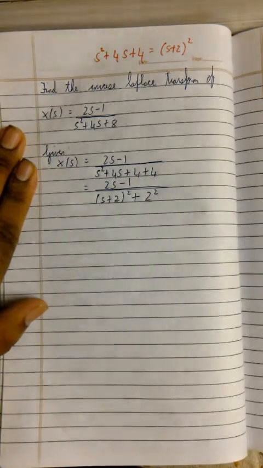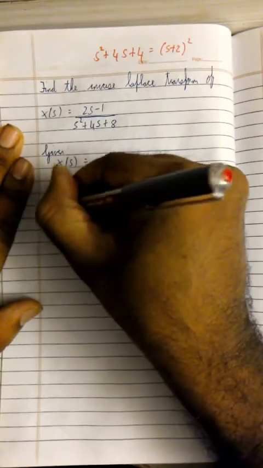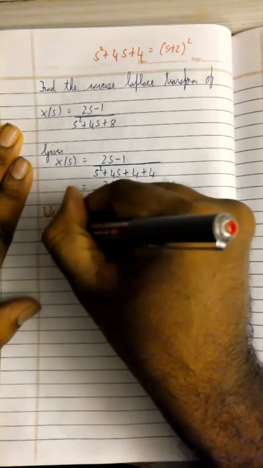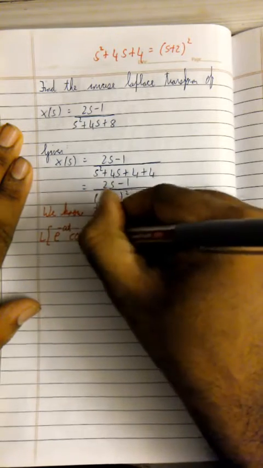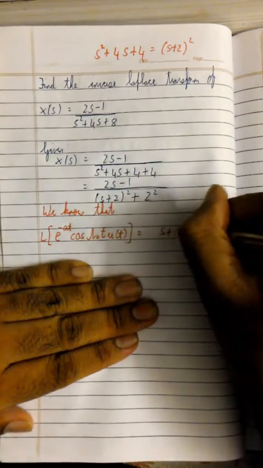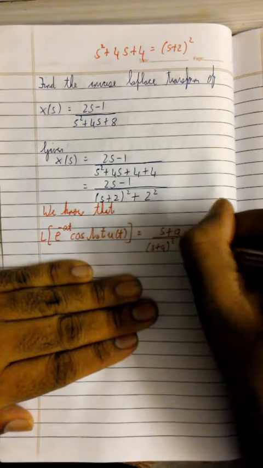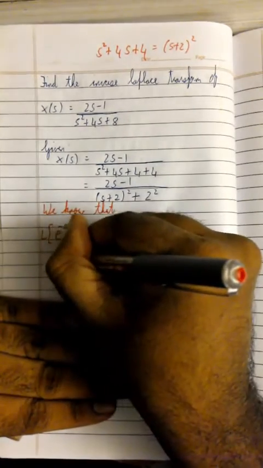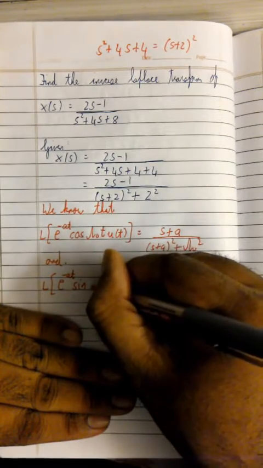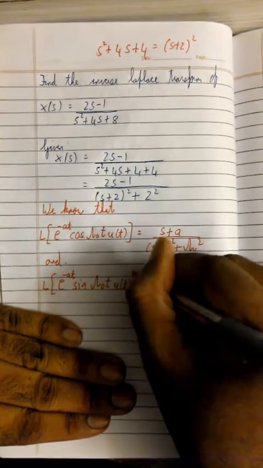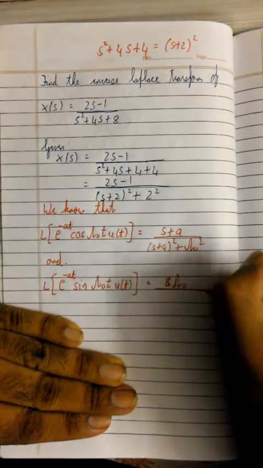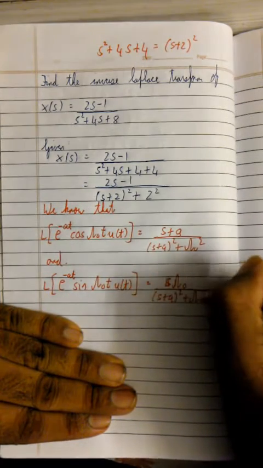So we know that the Laplace transform of e raised to minus a t cos omega 0 t u of t is equal to (s plus a) by (s plus a) the whole square plus omega 0 square, and the Laplace transform of e raised to minus a t sine omega 0 t u of t is equal to omega 0 by (s plus a) the whole square plus omega 0 square.